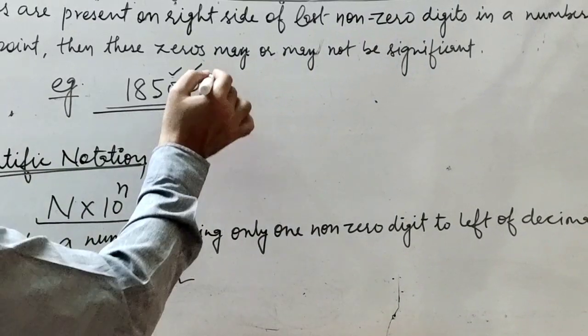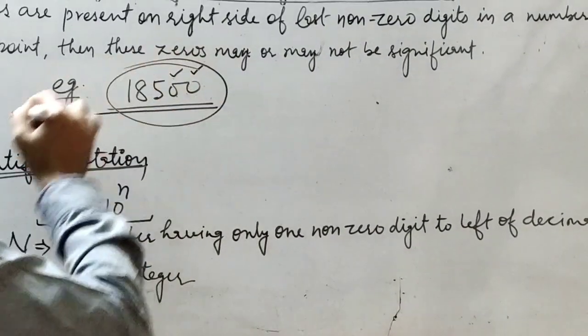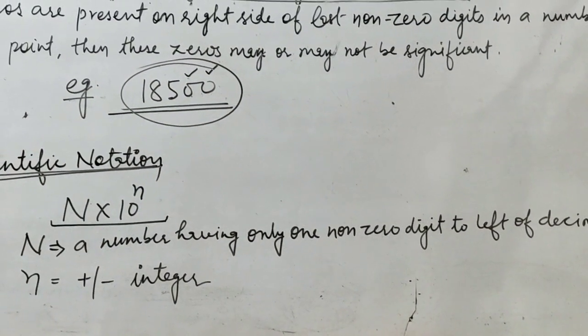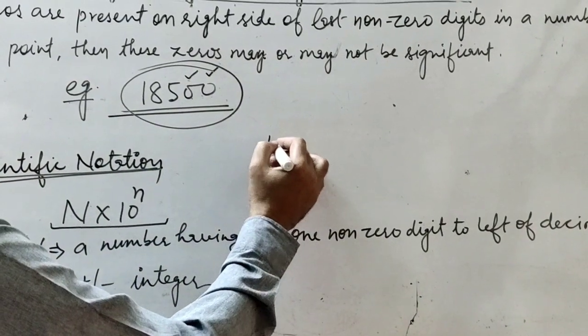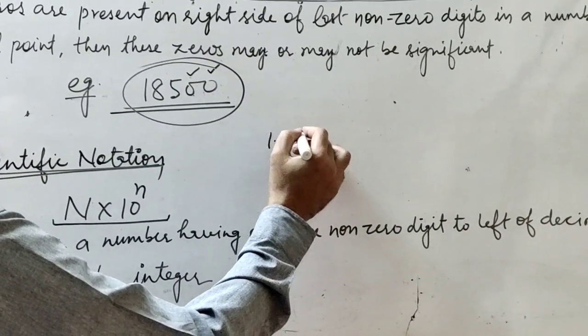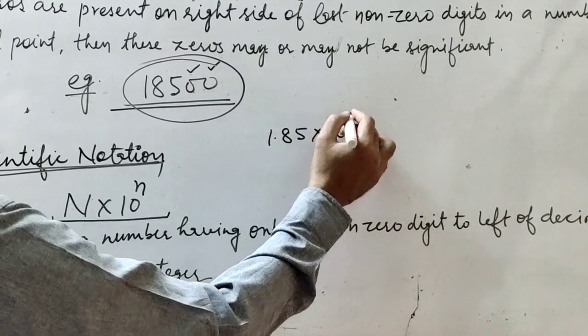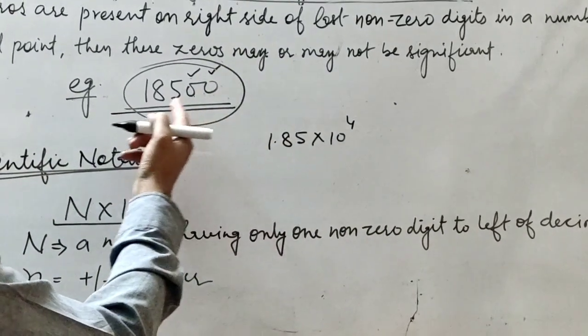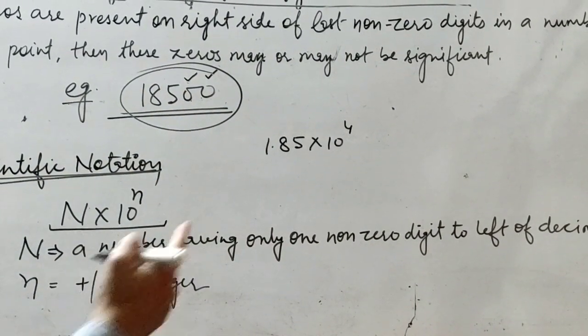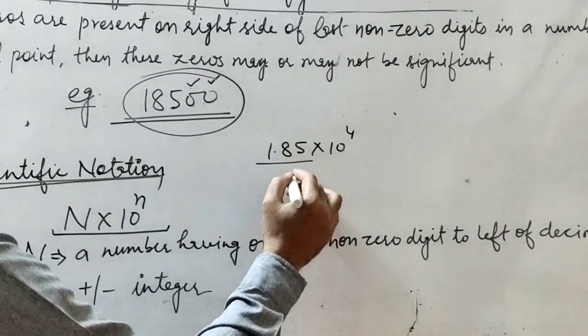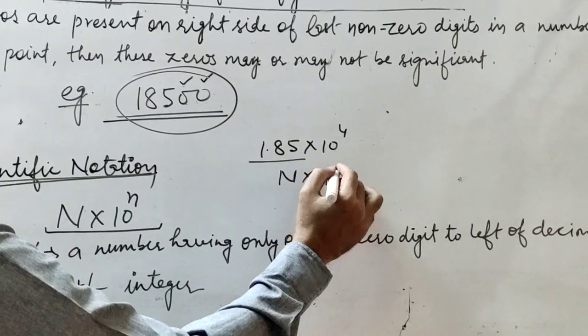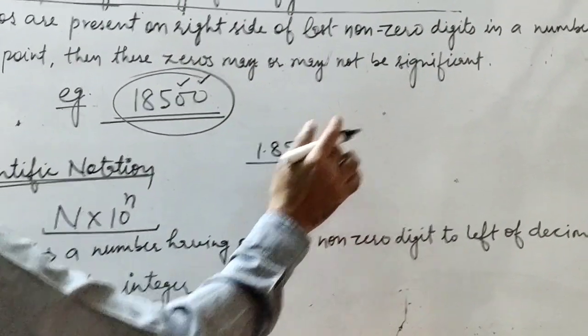Now, if you have to write 18500 in scientific notation, it is written as 1.85 into 10 raised to power 4. It gives you 18500. Capital N is 1.85 and small n equals 4.